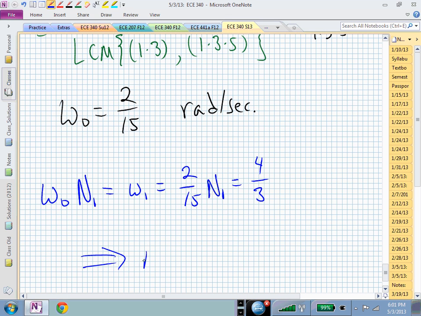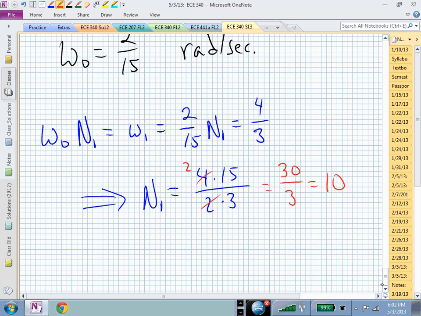Or n1 better be an integer, which is 4 times 15 over 2 times 3, and we can clean that up a little bit. And we now have 10 for n sub 1, or that omega sub 1 is now the 10th harmonic.